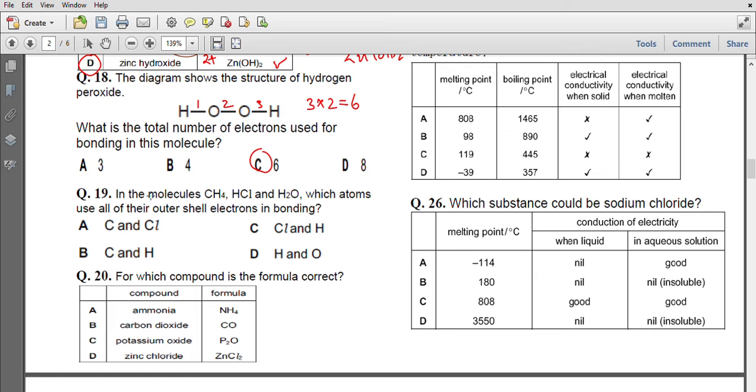Question number 19. In the molecules CH4, HCl, and H2O, which atom uses all of its outer shell electrons in bonding? For this question, a simple hint you have to keep in mind is that all those atoms which have a half-filled outer valence shell always share all of their electrons.